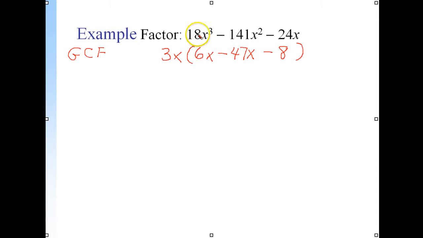Now I could take a 2 out of there and a 2 out of there, but not out of there. So I used the rule of threes. This is a 9. I could take a 3 out of there. This is a 6. I could take a 3 out of there. And this is 6. I could take a 3 out of there. And I could take an x out of each term. So I take out a 3x. When I do, I get this. So this is my new trinomial that I have to factor.